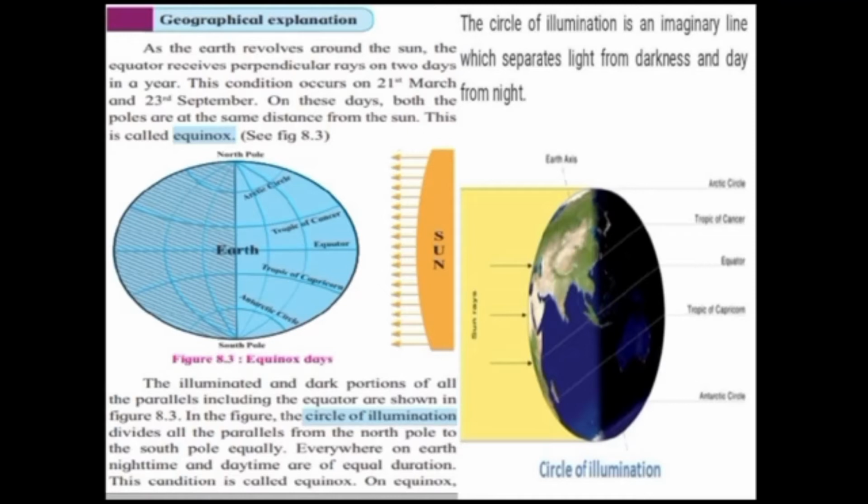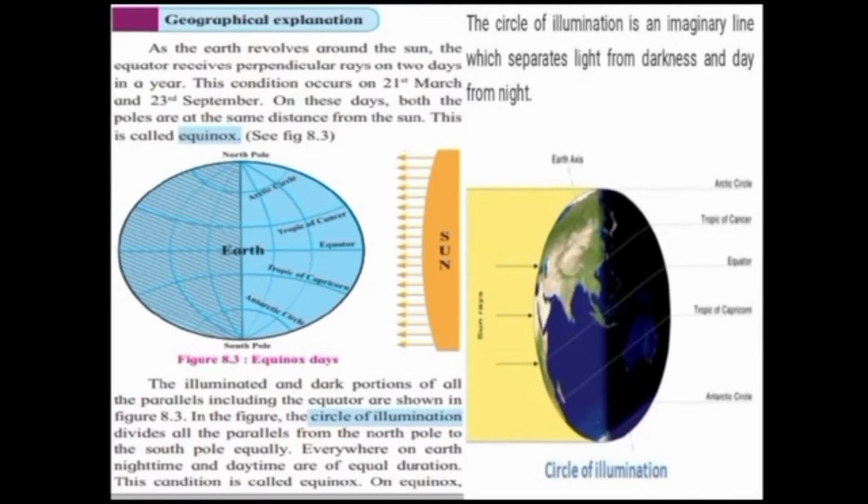The illuminated and dark portions of all the parallels, including the equator, are shown in figure 8.3. Now illuminated means well lit. Okay, I will start again the sentence. The illuminated and dark portions of all the parallels, including the equator, are shown in figure 8.3.